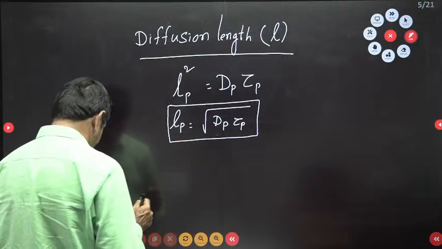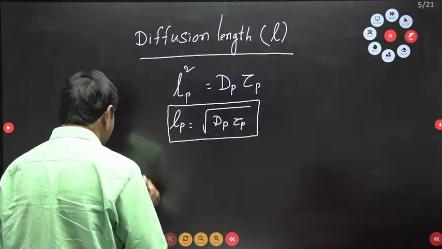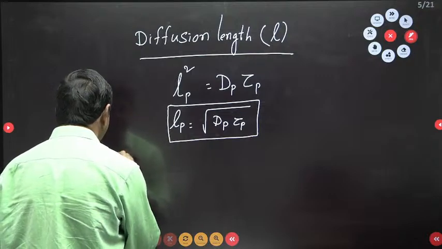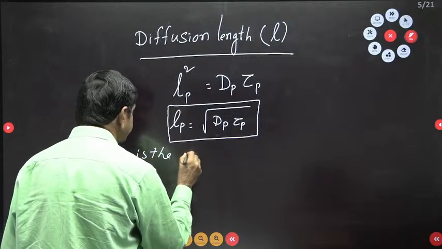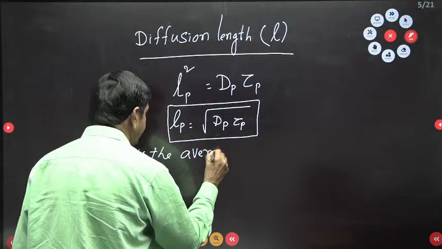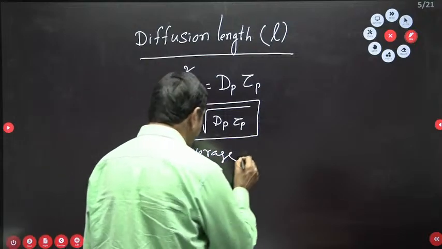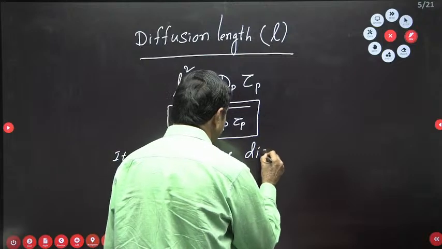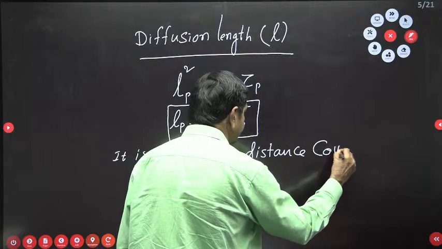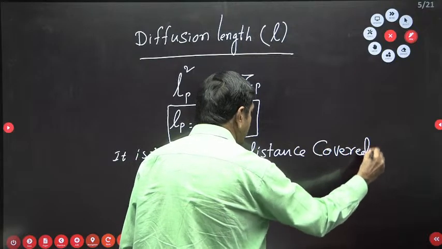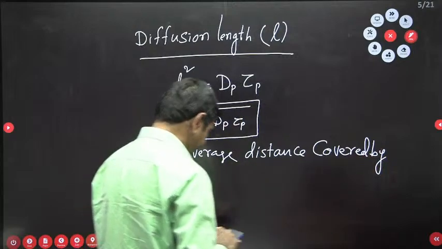It is the average distance covered by a charged particle, by a carrier.